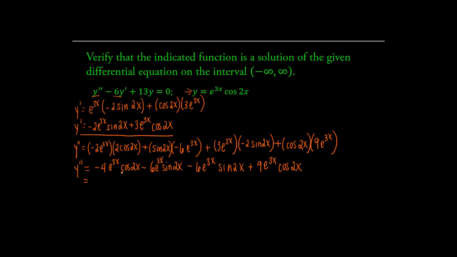Now we're going to simplify all of this wonderful math goodness. That leaves me with a negative 4 and a positive 9, 5e to the 3x cosine 2x. And then we're going to combine like terms here to get negative 12e to the 3x sine 2x.